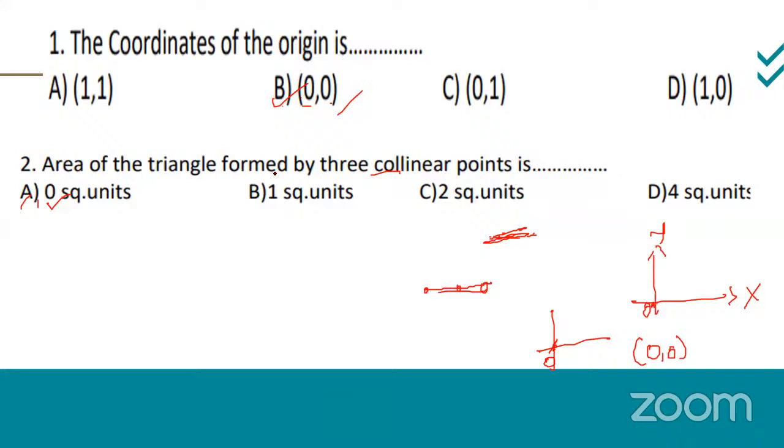Next, area of the triangle formed by 3 collinear points. Collinear points. Now we have found the area of a triangle. That area is in the collinear form.